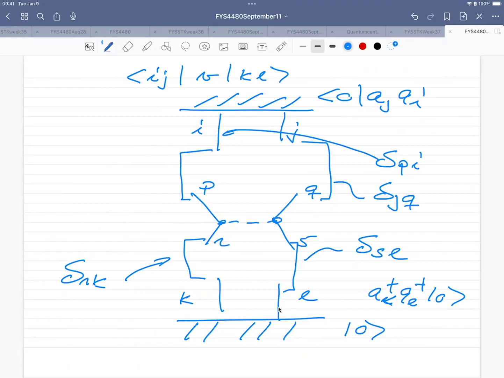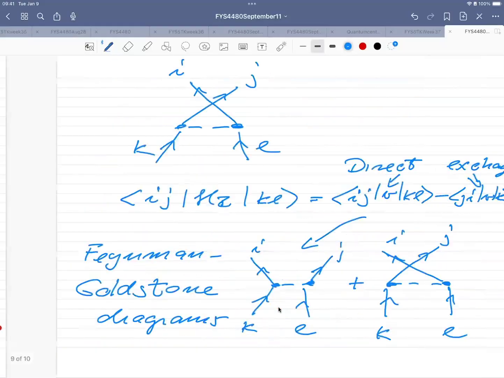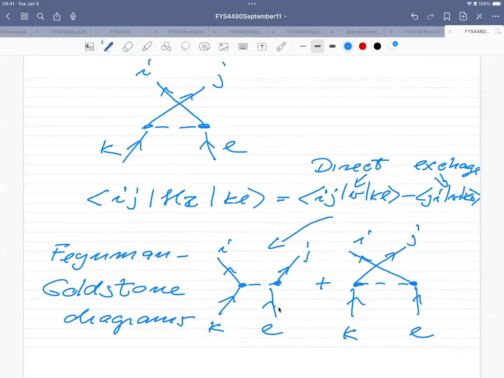This is one of the strengths of the diagrammatic approach, which people like Feynman introduced at the end of the 40s when quantum field theory was developed. It's an extremely powerful way, because by just looking at a diagram like this, you can say it represents this type of physical process.